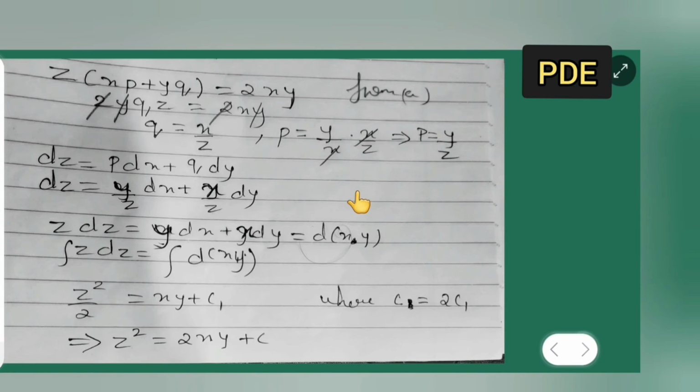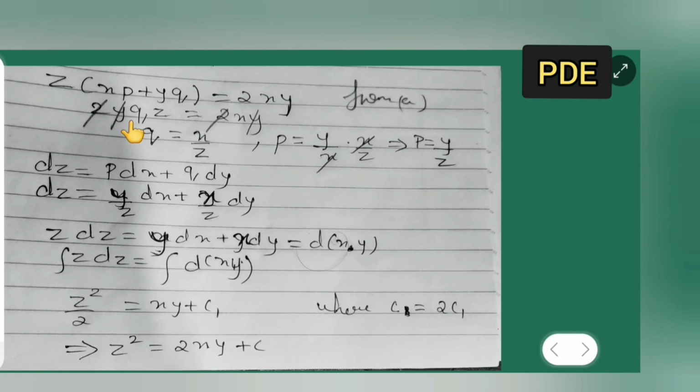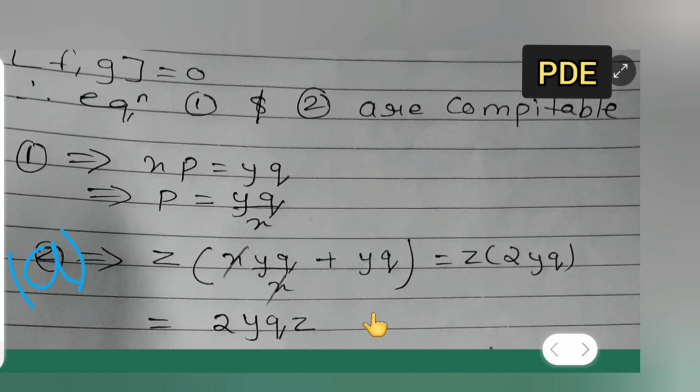Next, write this: z of xp plus yq is equal to 2xy. This is from a, you can see the equation a. So from a, substitute the value. Now what you got for this: z of this was nothing but 2yqz.